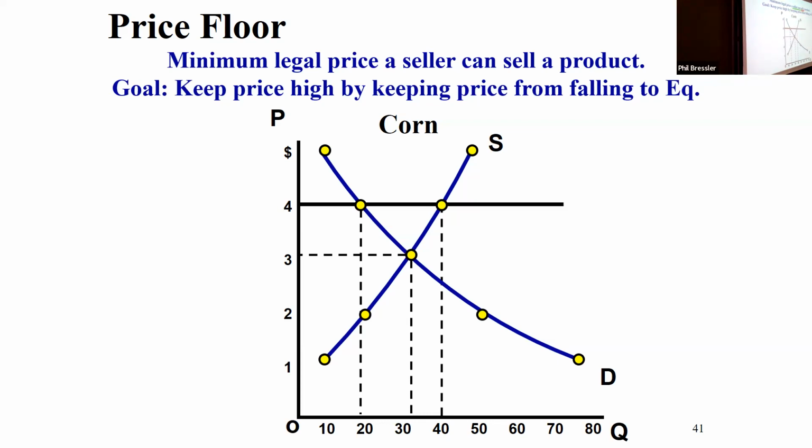Supply is how many people want to work. So you're going to have a surplus of workers. Think of demand as the number of job opportunities? It's the number of people hired. Supply is the number of people who want to work. So demand is hiring. Okay, I just wanted to make sure it was clear.